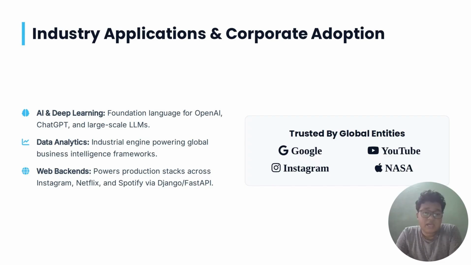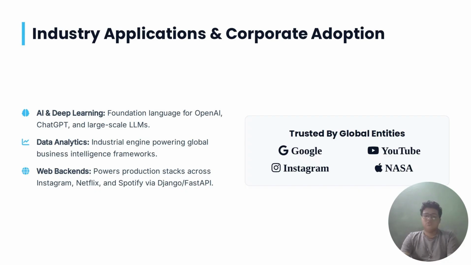AI and deep learning: foundation of learning by OpenAI, ChatGPT, and large-scale LLMs. Data analytics: industrial engine powering global business intelligence frameworks. Web backends: power production stacks across Instagram, Netflix, and Spotify via Django and FastAPI.